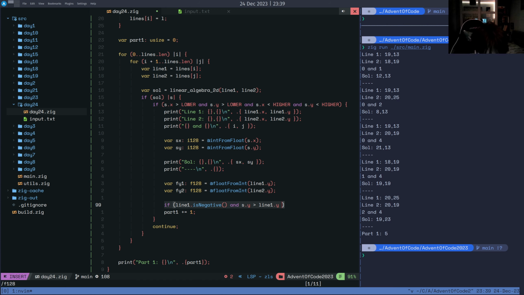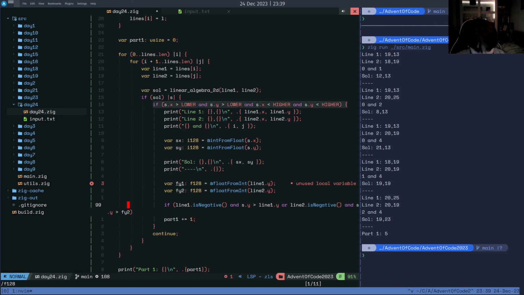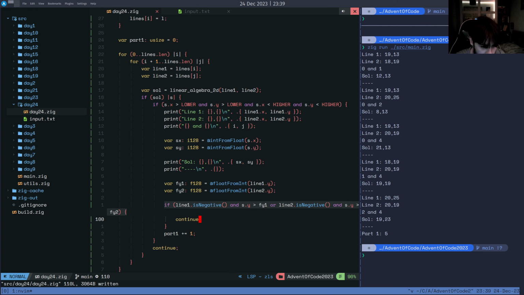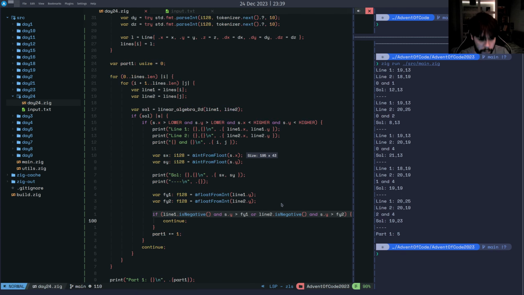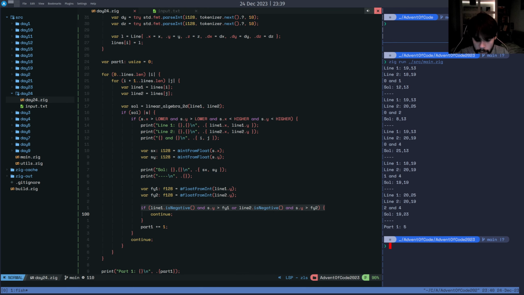If line 1 dot is negative, is bigger than, yeah, so this implies that it's outside, or line 2 dot is negative and s dot y is bigger than fy2. fy1, if so, continue. Right, that makes sense to me. You compile, but now you don't even get me that much.